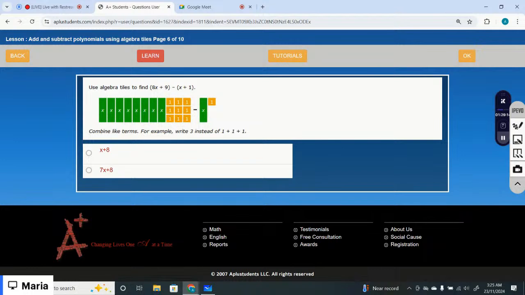Use algebra tiles to find 8x plus 9 minus x plus 1. So which is the correct option?